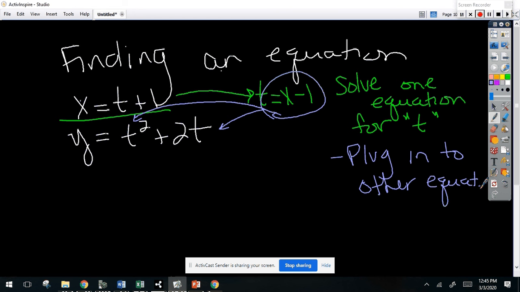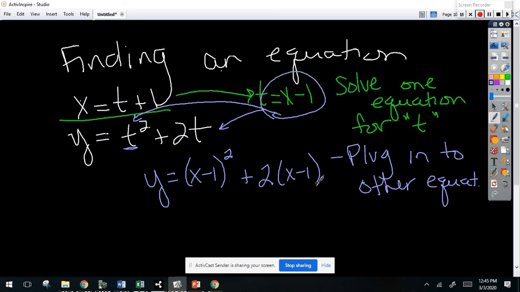So if I solve one of them for t, and then replace all the t's in the second equation with x minus 1. It's exactly like a system of equations, actually. Whenever you did substitution, that's the same thing we're doing. So here, y equals, it's not t, it's going to be x minus 1 squared plus 2 times x minus 1.